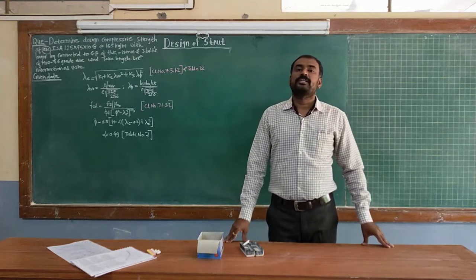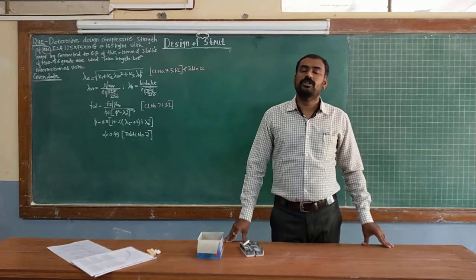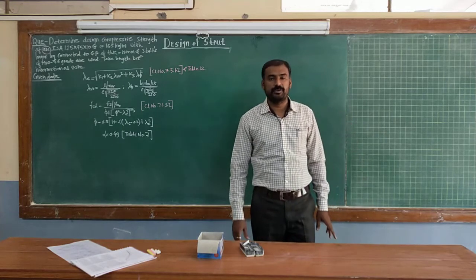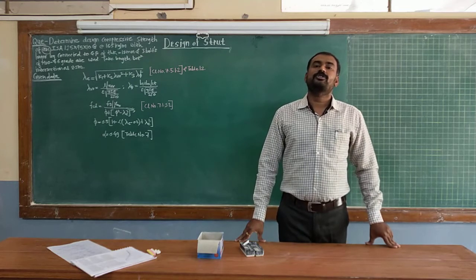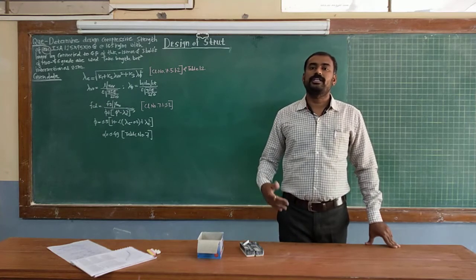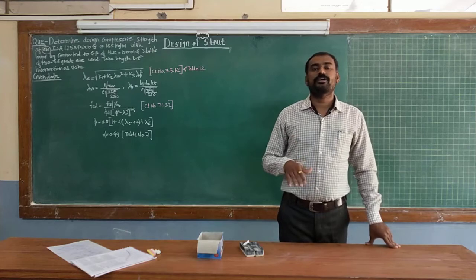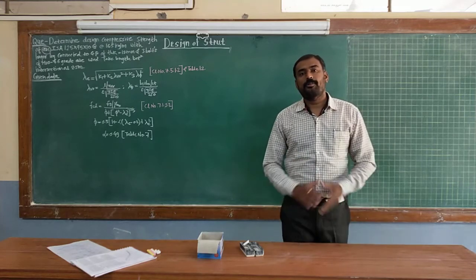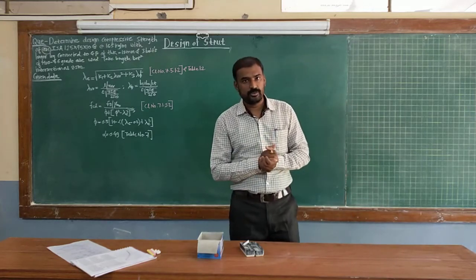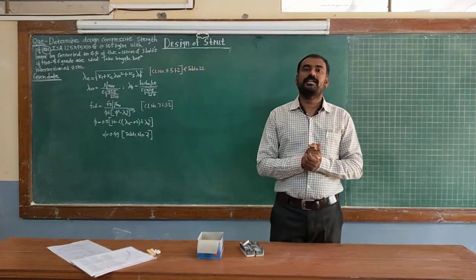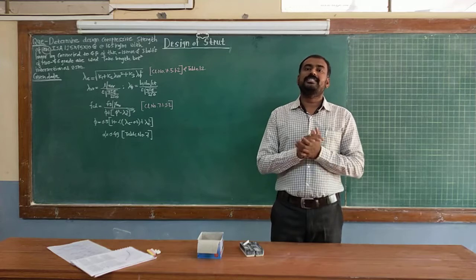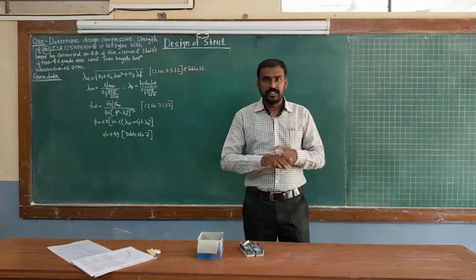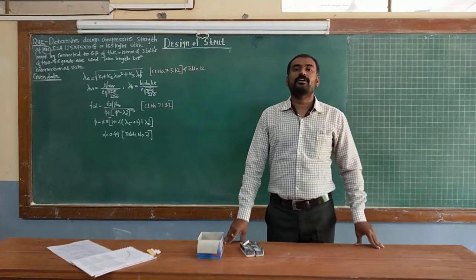In the design compressive stress calculations, Table 9a, b, c, d is given, and based on those tables you must have observed that as the values of slenderness ratio increase, there is a decrease in the value of compressive stress fcd. The common formula adopted to calculate the design compressive strength is the effective area multiplied by fcd, that is the design compressive stress. Using that, we are going to calculate the strength of a strut member or angle section.